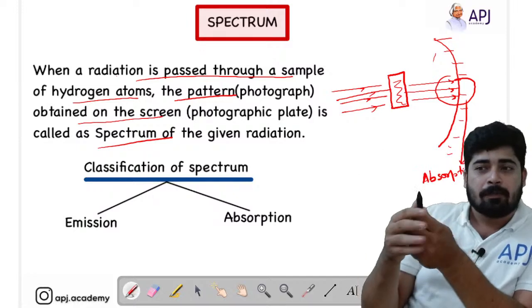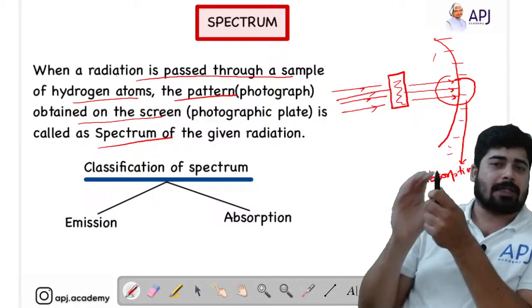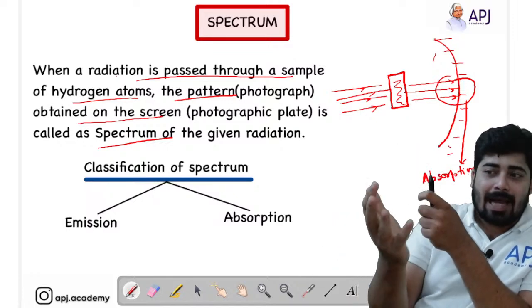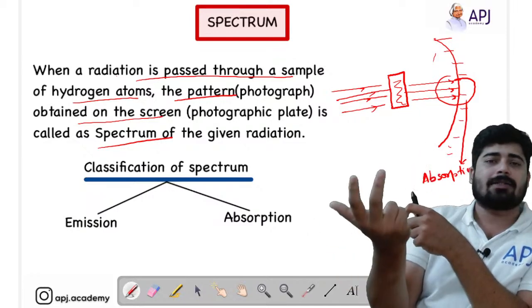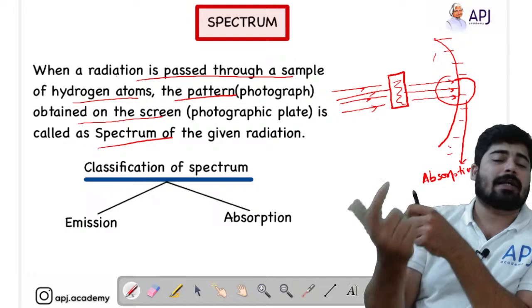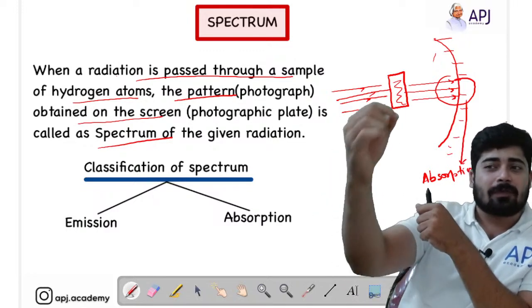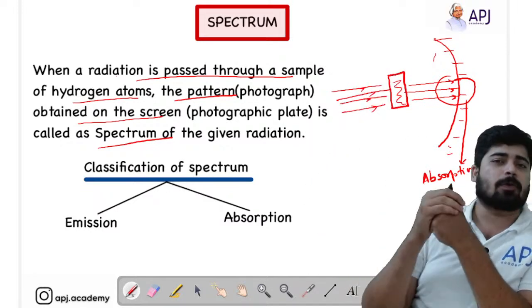So it just passes through the sample and we obtain a spectrum, or certain lines. Those lines can be ultraviolet lines, visible lines, or infrared lines. It is based on the energy of that particular radiation. So we obtain that on the photographic plate.